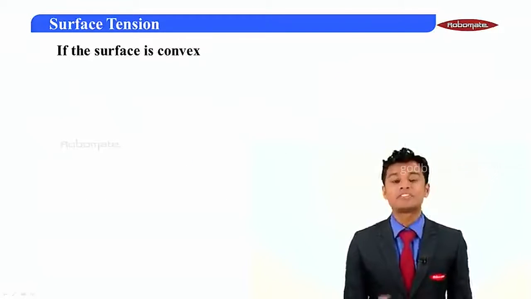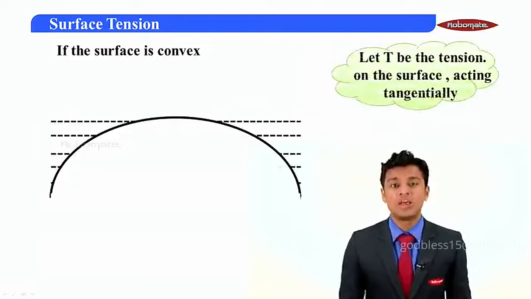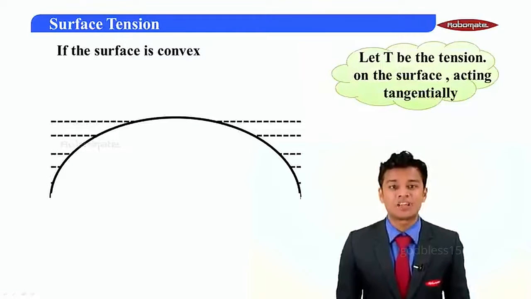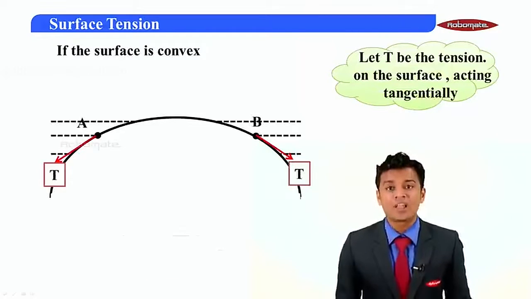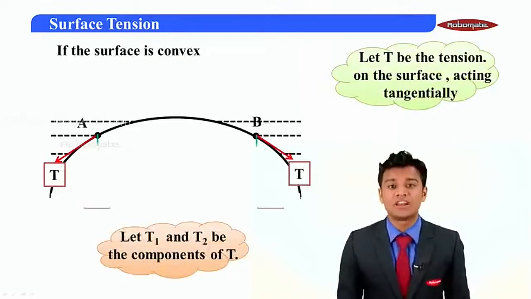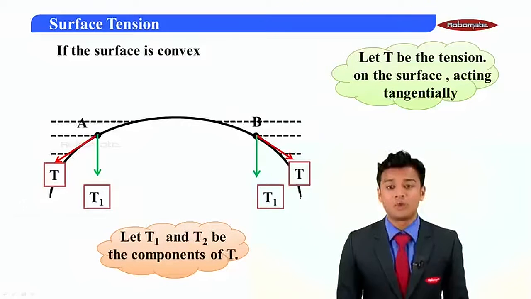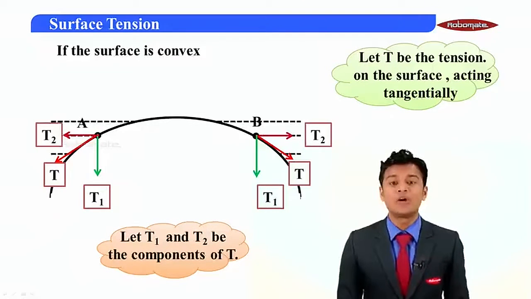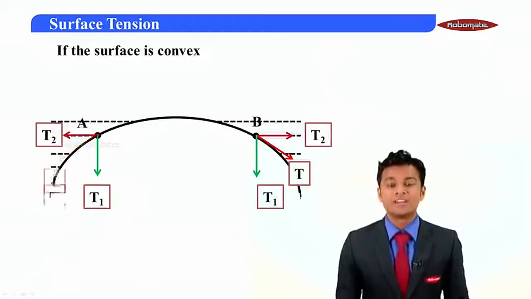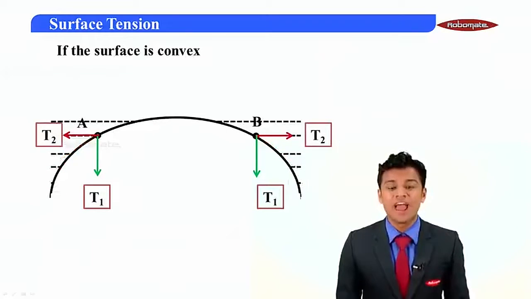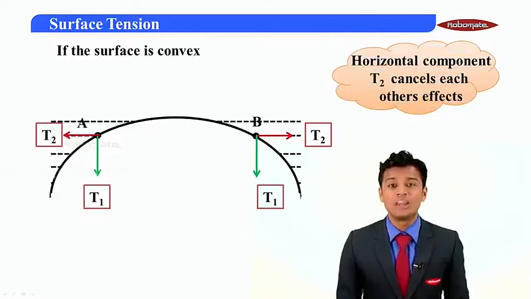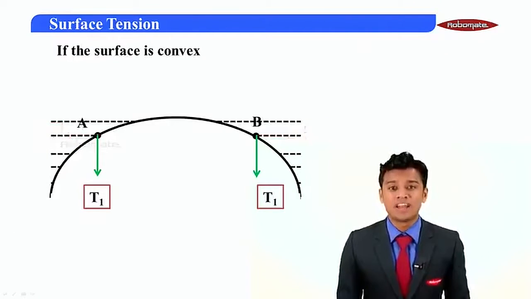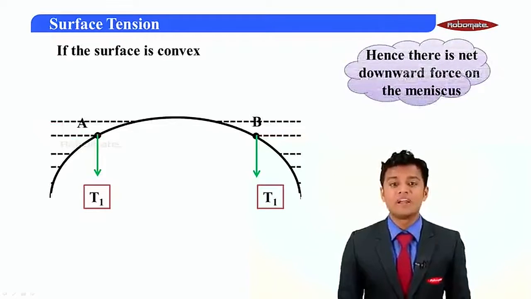Now, if your surface is a convex surface, something as shown, again let T be the tension on the surface acting tangentially in order to reduce its own area. Again, if I do the resolution of vector, it would be T1 in the downward direction and T2 in the horizontal direction. Again T2 cancels each other's effect and we have net force T1, which is only acting in the downward direction. So I have net downward force on the meniscus.